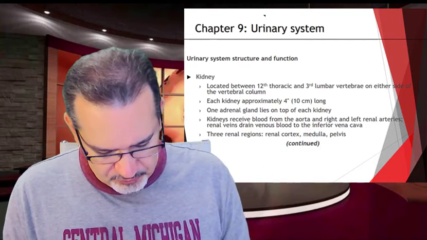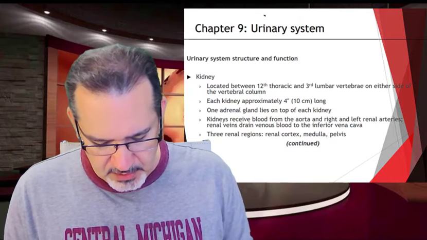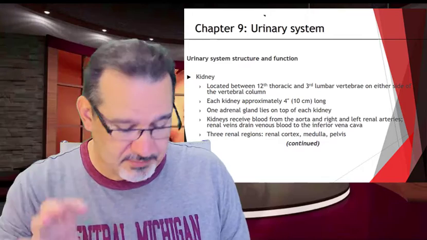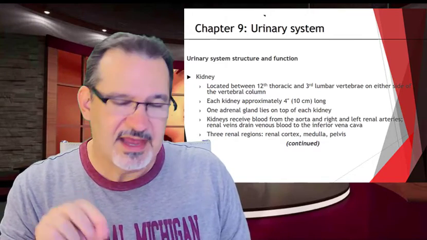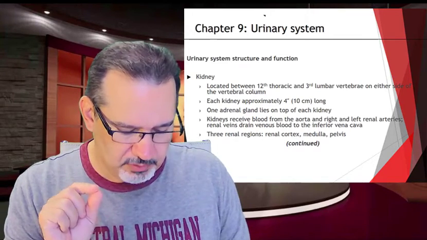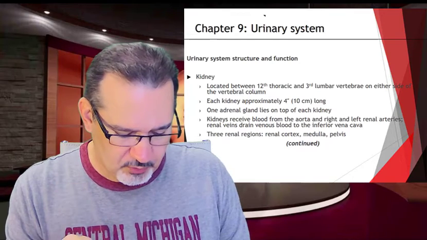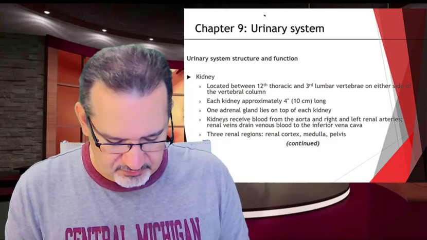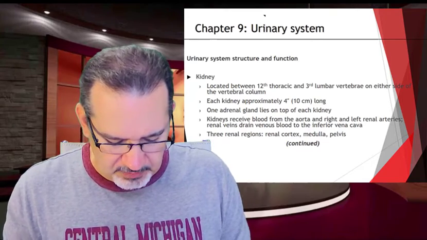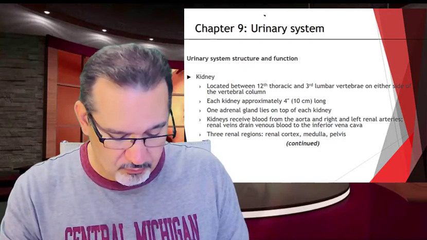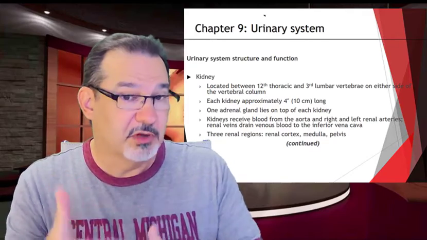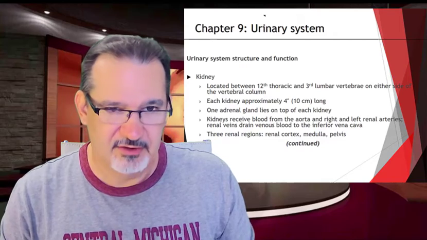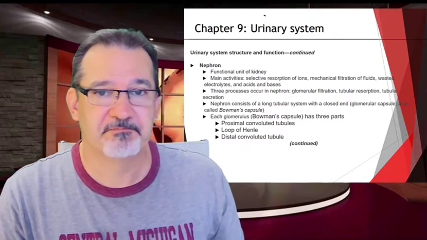The adrenal glands are important because they sit on top of the kidneys, and they help to influence blood pressure and sodium and water retention by the kidneys. The kidneys help to filter waste out of the blood and then recirculate the blood back into our circulatory system.